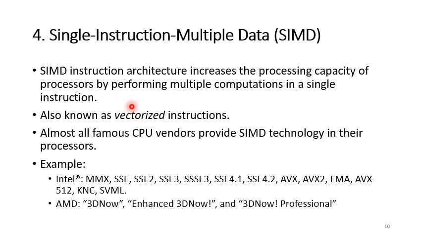These instructions are often called vectorized instructions because we can think of them as operating on vectors of values. Almost all CPU vendors provide SIMD technology in their processors. For example, Intel machines provide SIMD technology in MMX, SSE, SSE2, etc. Similarly, AMD processors provide 3DNow!, Enhanced 3DNow!, and other SIMD architectures.